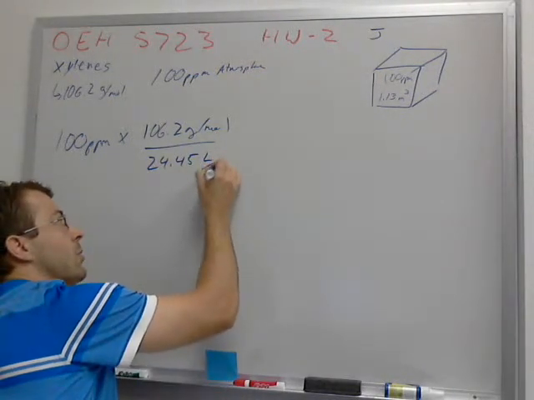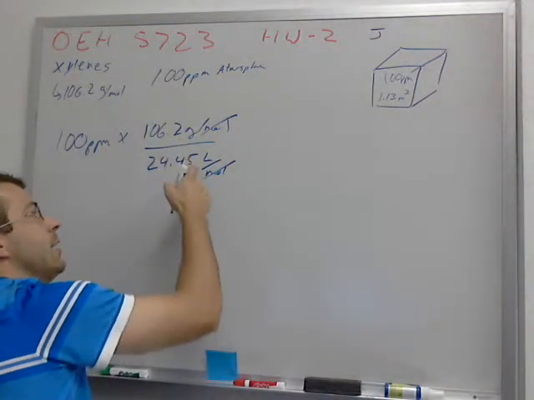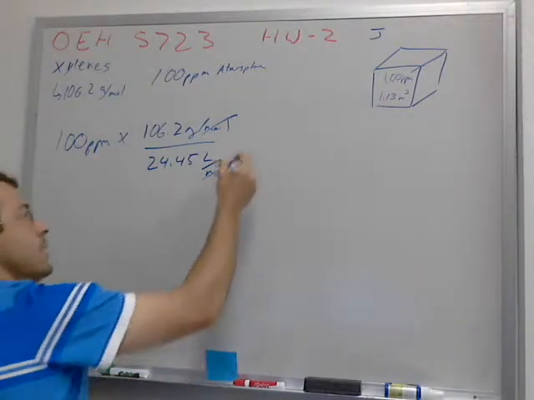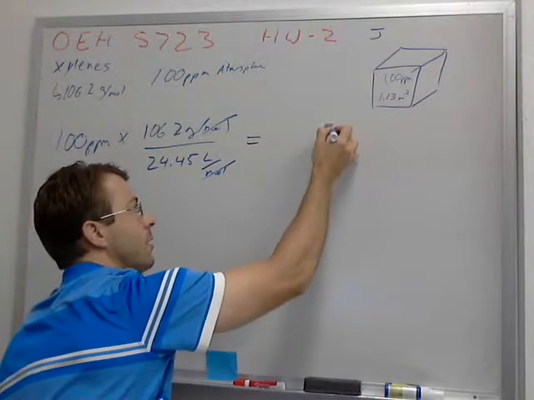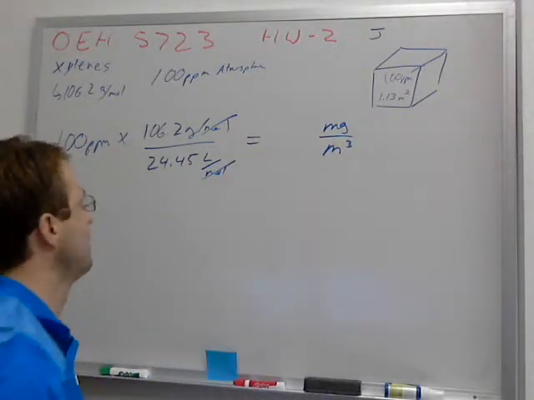Our moles cancel. This is going to be a factor of a million off, which offsets the million in ppm. So this gives us a direct output of milligrams per cubic meter.